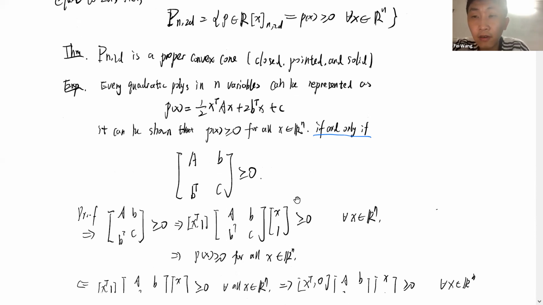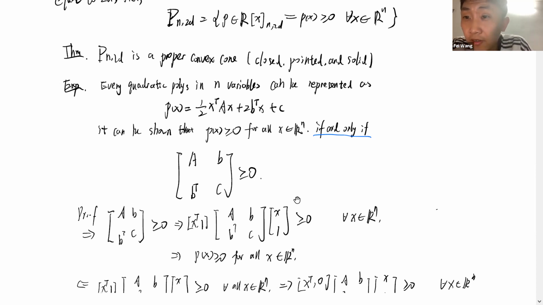Positive semi-definite means all the eigenvalues are non-negative. Or equivalently, a symmetric matrix A is positive semi-definite if for all x, x^T A x is non-negative.